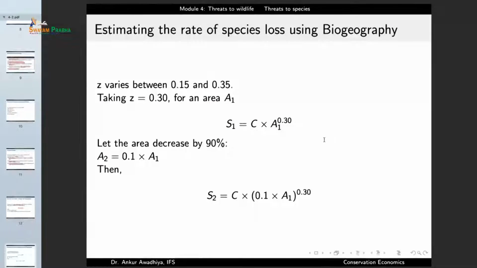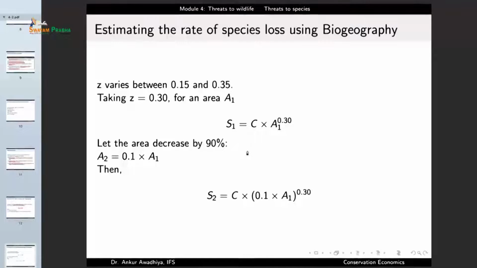Now, it has been found that Z varies between 0.15 and 0.35. Now, taking a middle value 0.3 for an area A1, you will have S1 is equal to C into A1 to the power of Z, which is 0.3, which is telling us that the species richness in this area of size A1 is this much.